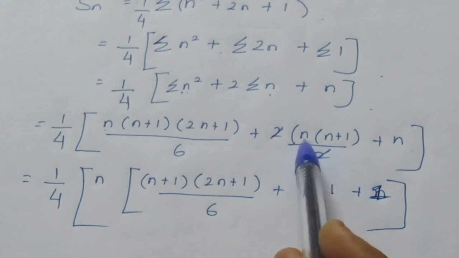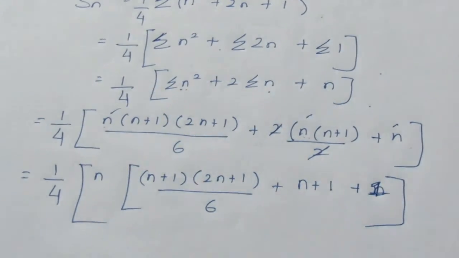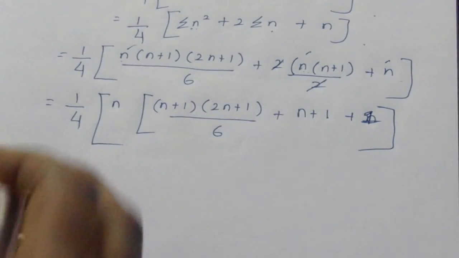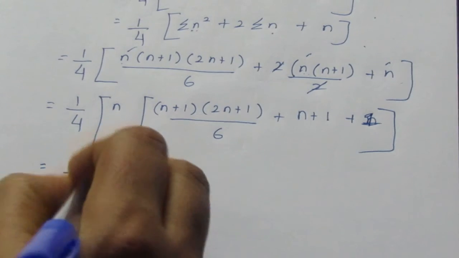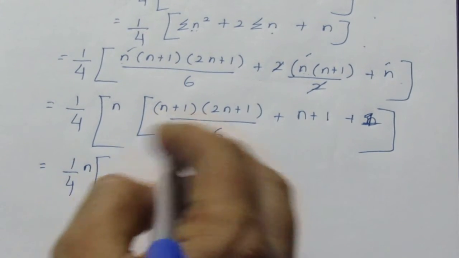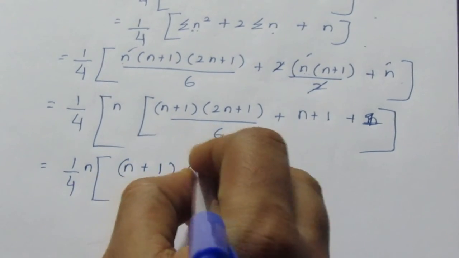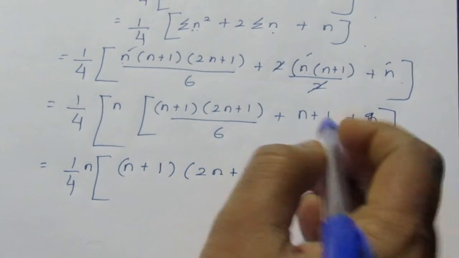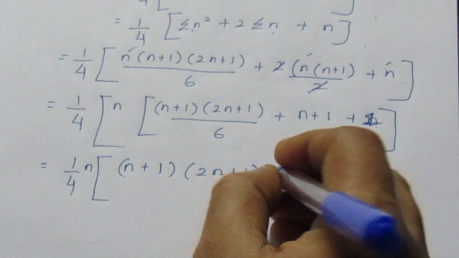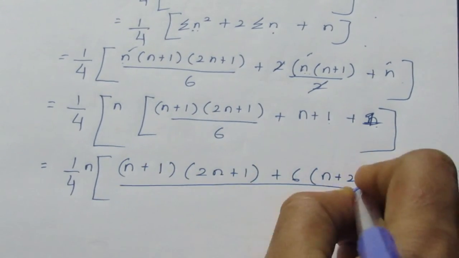We have taken n common outside. Now it is 1 by 4 into n, and here it becomes n plus 1 into 2n plus 1, plus 6 into n plus 2, all by 6.